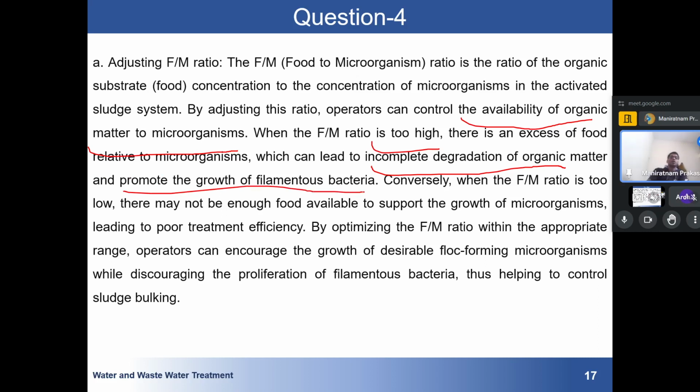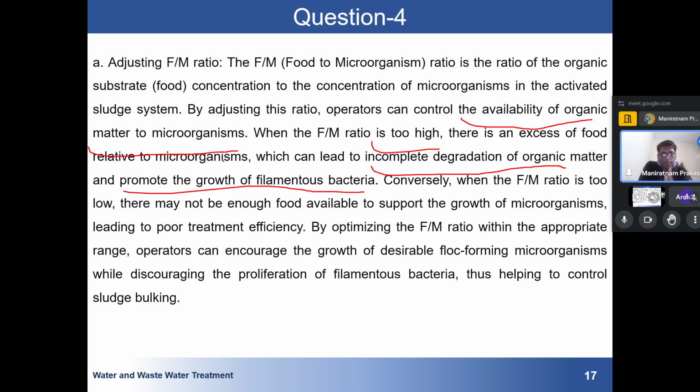Remember, the organic matter present in the system is not being degraded, so it will start supporting the growth of different kinds of bacteria, and one of them is filamentous bacteria, which is responsible for the fluffiness in the water.